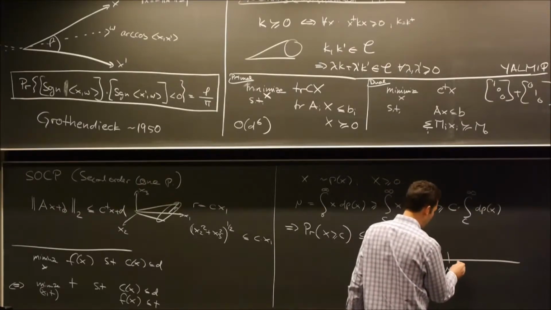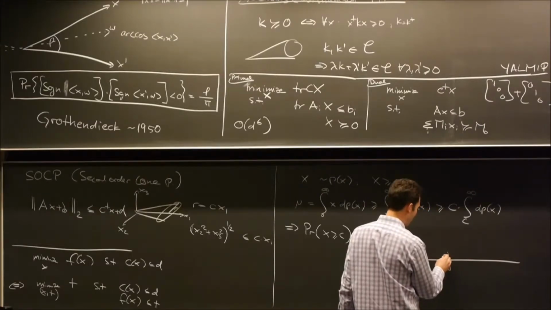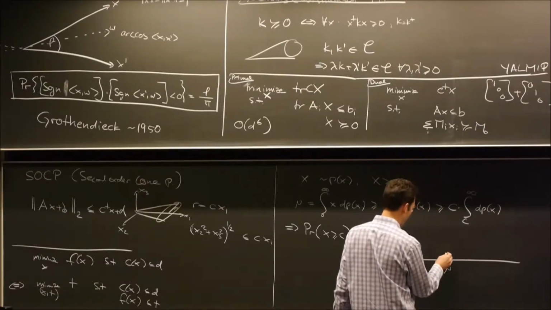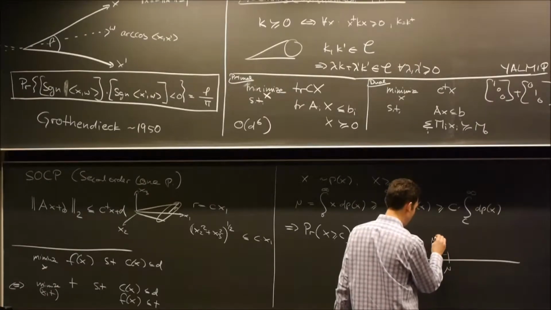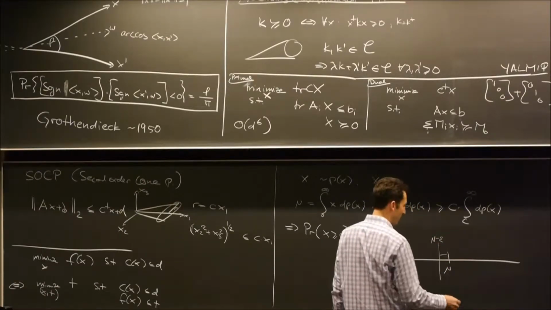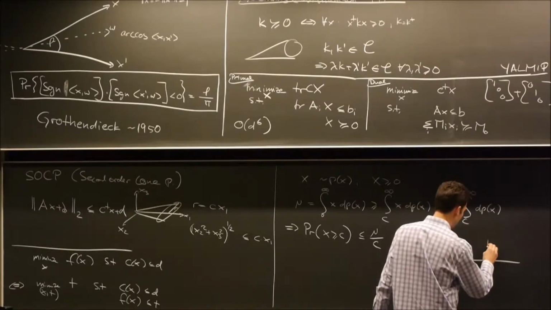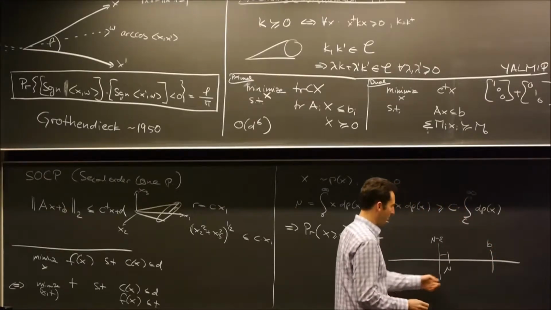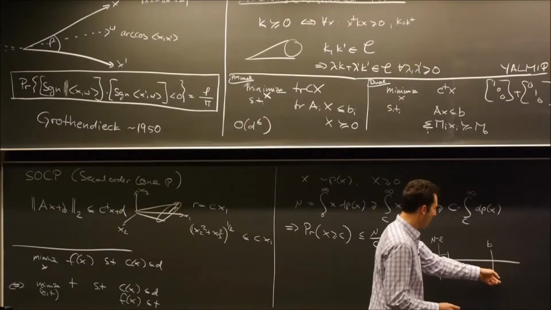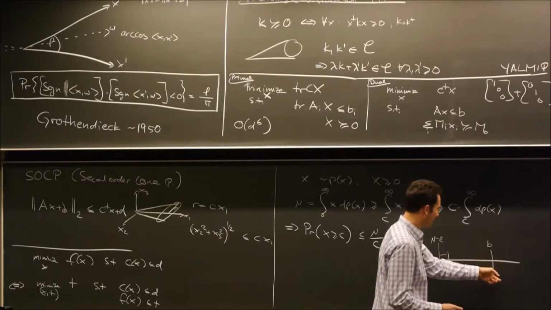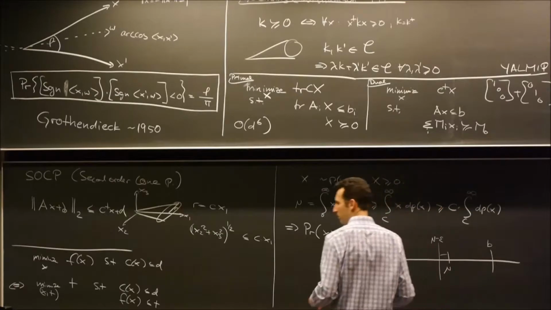I want to get something that's not too much worse than the mean. Let's say mu minus epsilon, right? And so for that, I need an upper bound b. I need to know that my random variable is going to be less or equal than this upper bound.